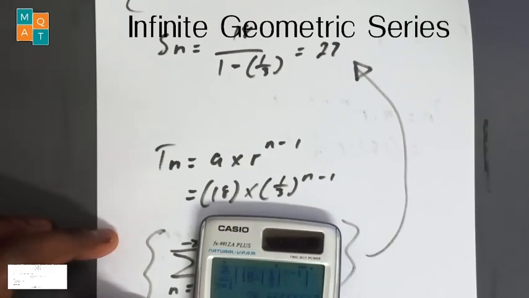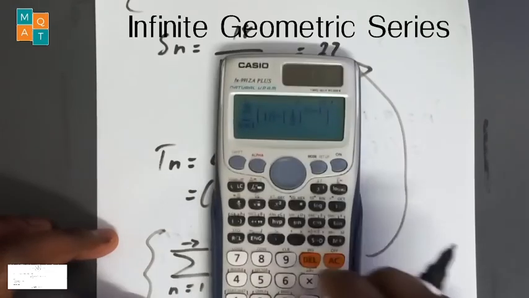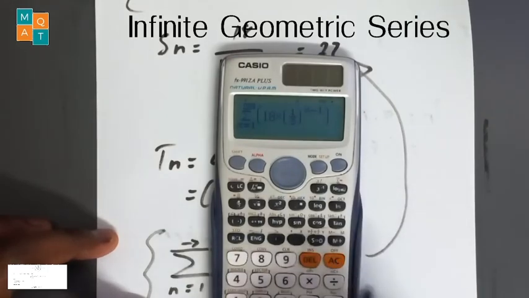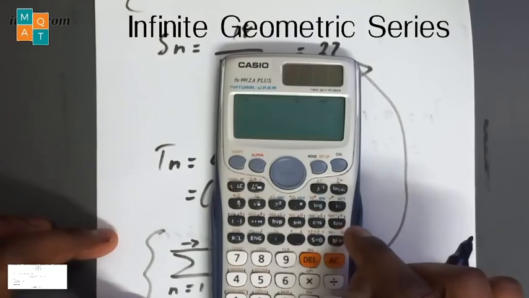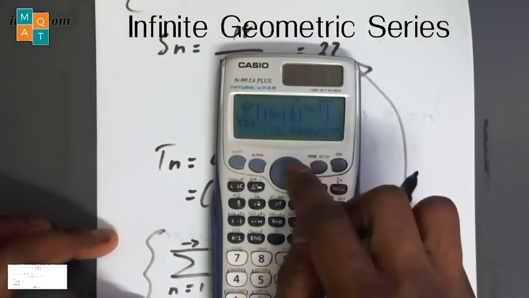Interesting. Now let's go 5. We get 26.88. What's going on? Seems like this thing is converging. If we say 10, this thing is now 26.99. This thing doesn't want to go beyond 27.